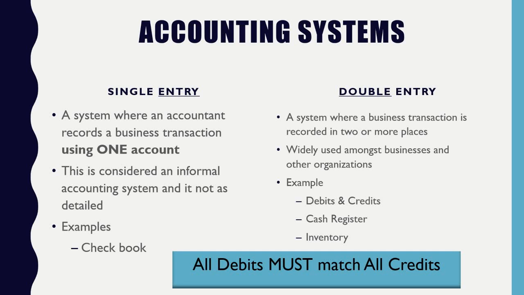We're understanding that I had to spend money in order to obtain rent, and I had the equal amount of my rent money taken out of my checking account and put into my rent expense account. Equal debit to equal credit. So again, that's using the double entry system.